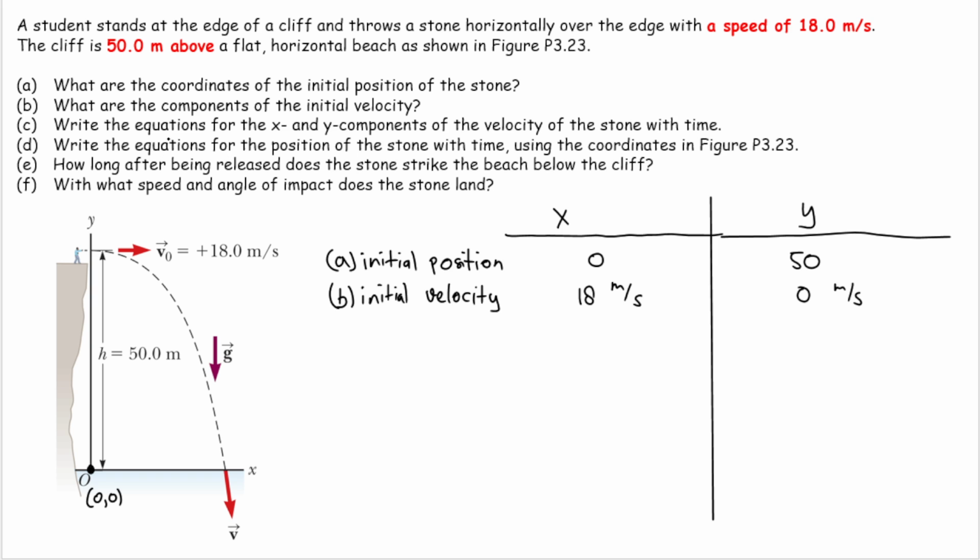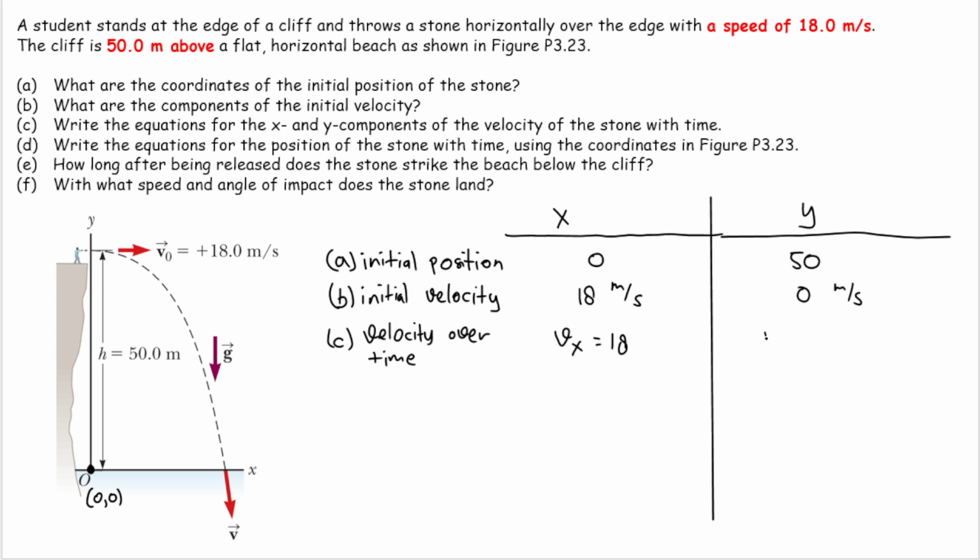And then C, write the equation for the x and y components of the velocity of the stone with time. So we need to find out the velocity over time. In the x direction, we don't have any acceleration, so it will be constant. So Vx here is equal to always 18. But then in the y direction, we have an acceleration of g, right? The stone is pulled down by the gravity.